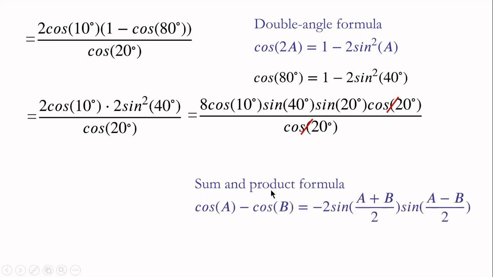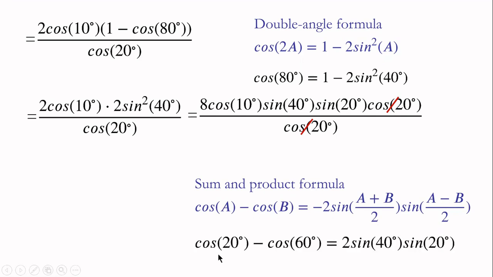Sum and product formula: cosine A minus cosine B equals minus 2 sine (A plus B) over 2 sine (A minus B) over 2. So cosine 20 degrees minus cosine 60 degrees can be written as 2 sine 40 degrees sine 20 degrees.